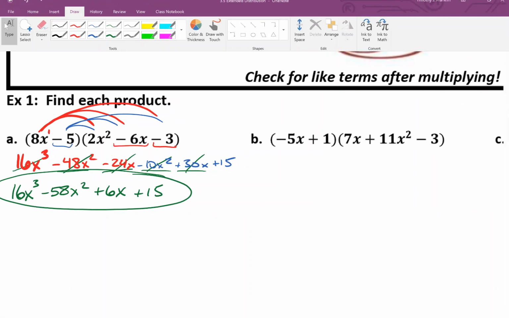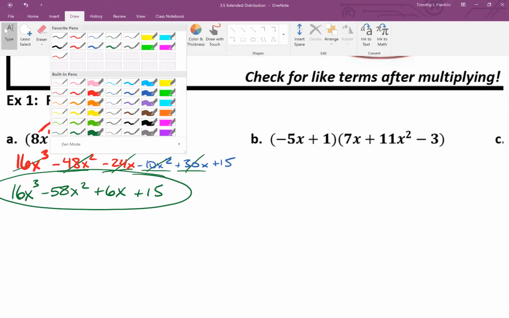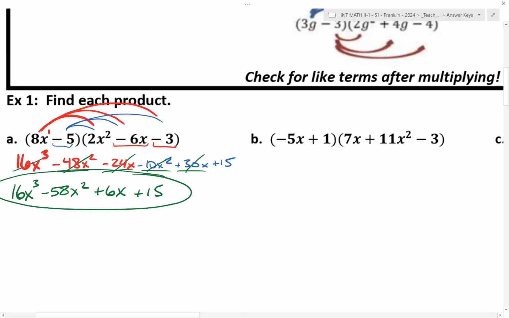Let's go on to example B. Same idea, so negative 5x times 7x is negative 35x squared. Negative 5x times 11x squared is negative 55x to the third. This one wasn't written in standard form, so we'll have to rearrange when we simplify, but that's okay.